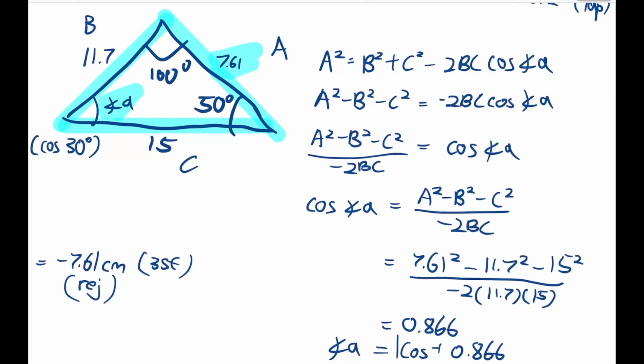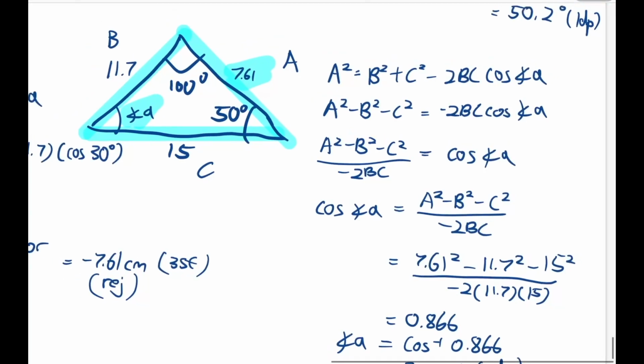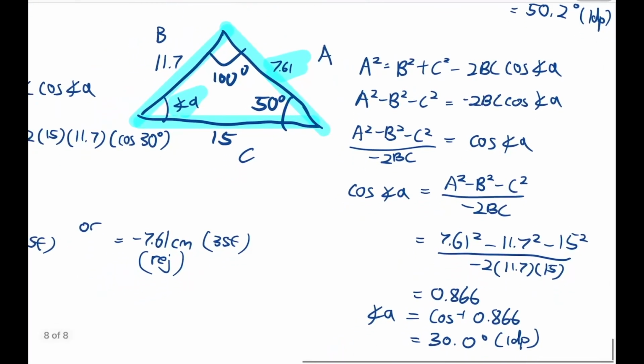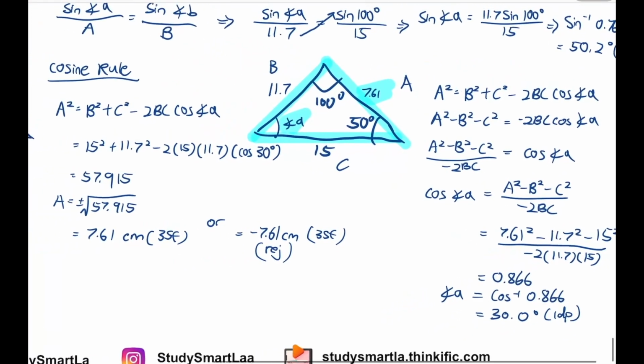All right. And with that, you will have used the cosine rule to find your angle A. And you can check it's actually 30 degrees. So previously we realized that this is 30 degrees because 180 minus 100 minus 50 is 30 degrees. All right, so that is the cosine rule.